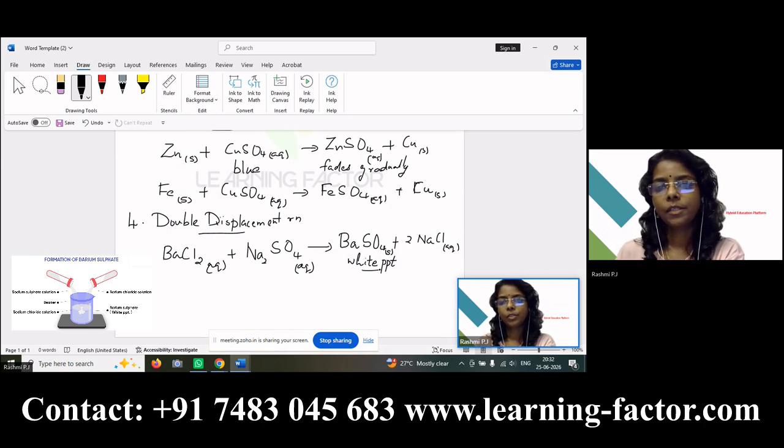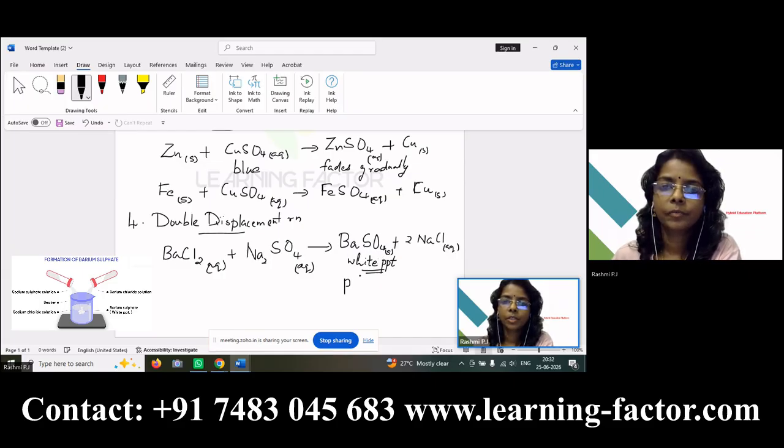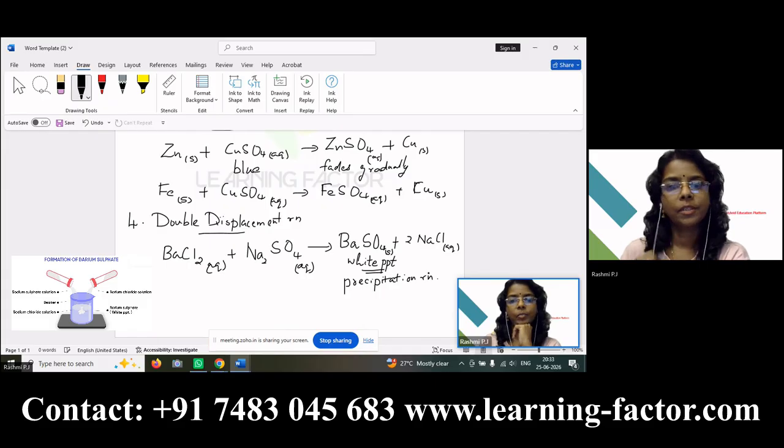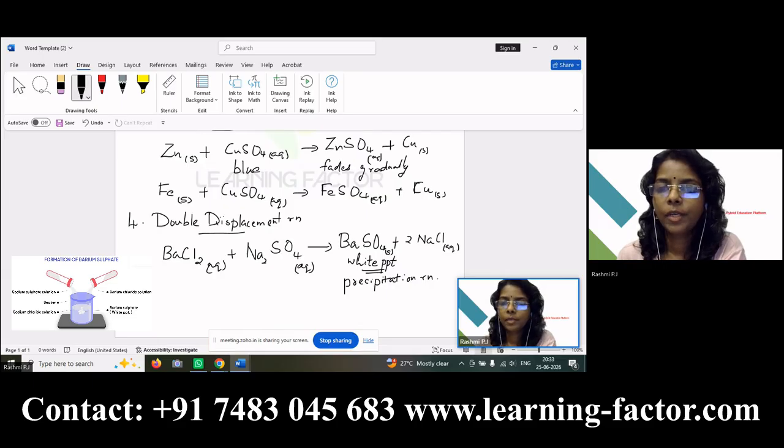So it is called a precipitate. Such reactions in which a precipitate is formed are called precipitation reactions. So barium chloride solution, when added to sodium sulfate, gives a white precipitate of barium sulfate plus NaCl.